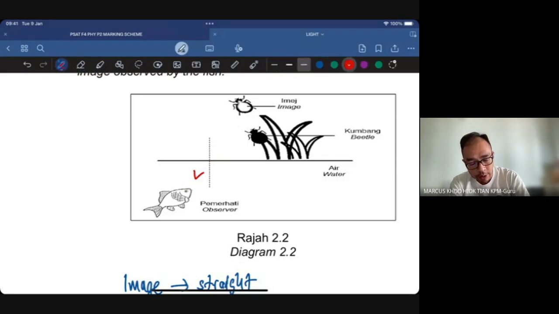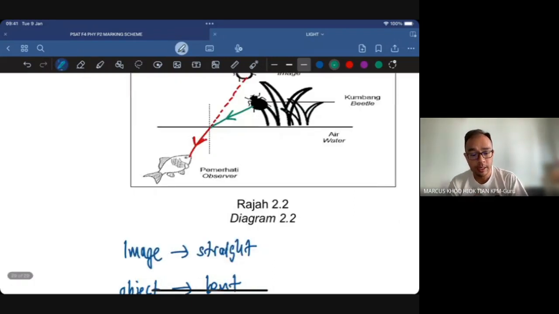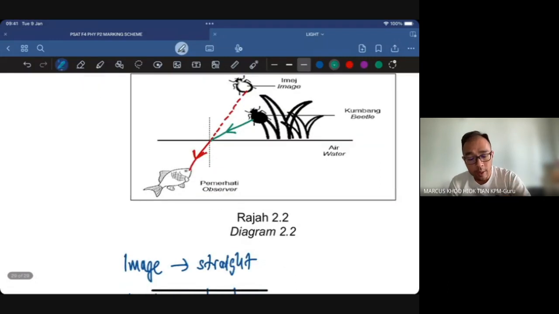Okay, so let me draw this again. This is one, and then after that, dotted like that. Straight line. And then the other one is a bent line. That's all. But these two must be straight like this. This is the only one that is dotted.